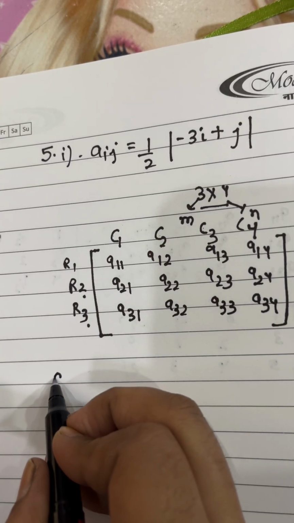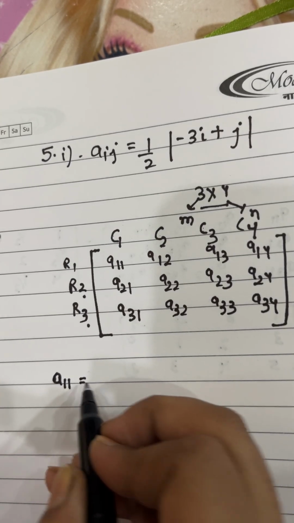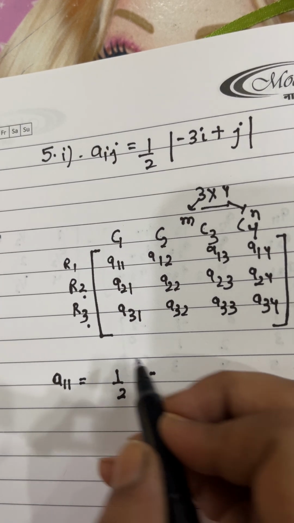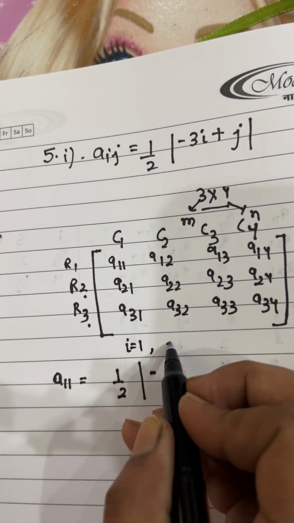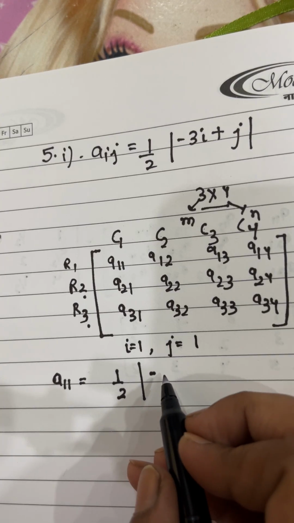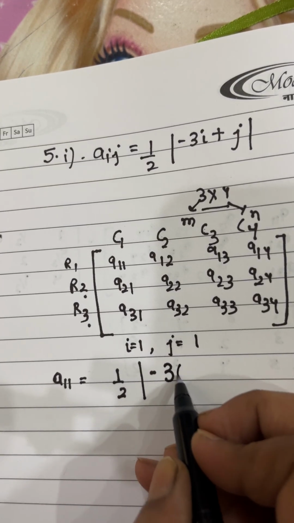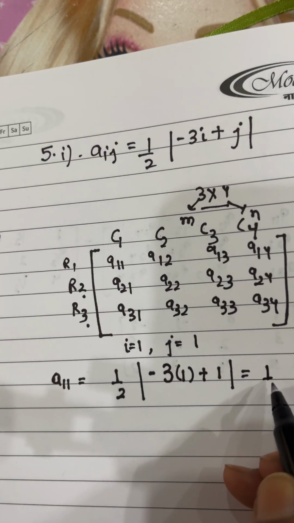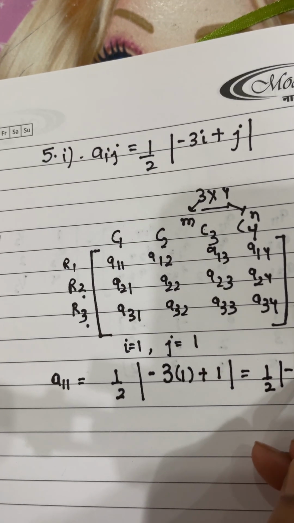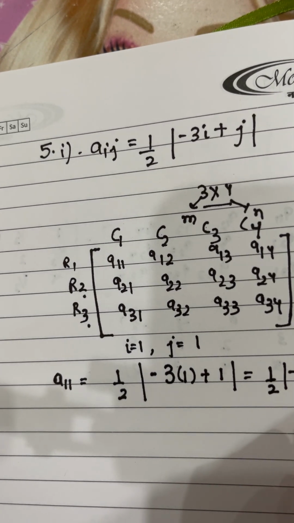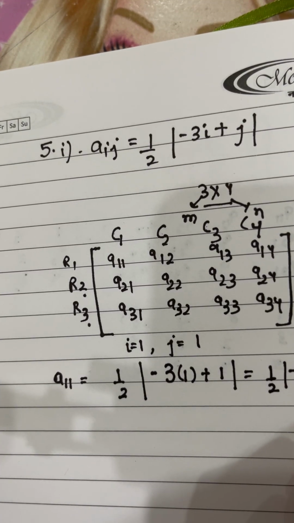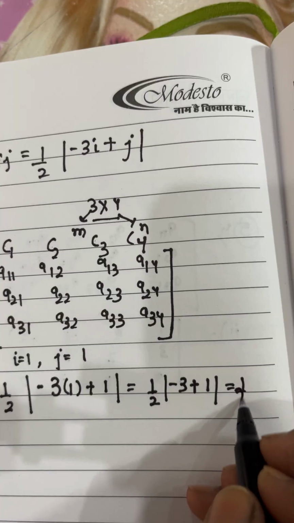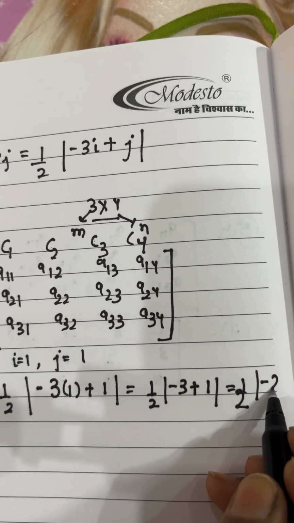So A11, 1 by 2 modulus of minus 3. It means i is 1 and j is 1. Minus 3 into 1 plus 1, that is 1 by 2 modulus of minus 3 plus 1, that is 1 by 2 of modulus minus 2.